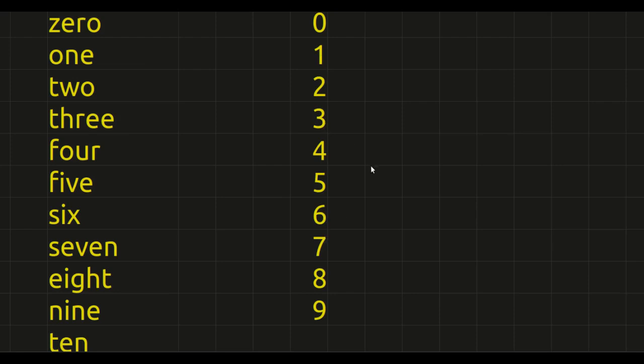So one very important question comes here. We have already completed the count up to 9 using these symbols, but if we want to represent a count of 10 items, how will we represent it, because we don't have any other symbol left? So in that case, we need to reuse these symbols.